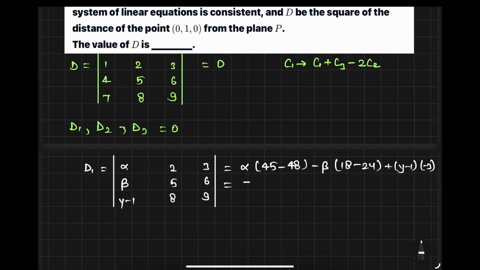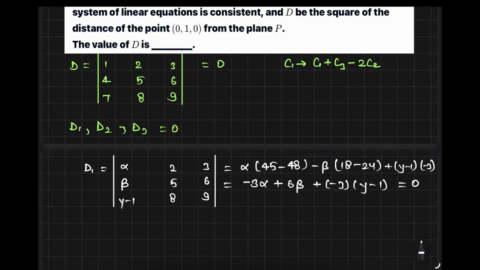I will simplify this. So you will have minus 3 alpha. This is what? Minus 6, so plus 6 beta, and then plus minus 3 times gamma minus 1, and you know that this will be equal to 0.